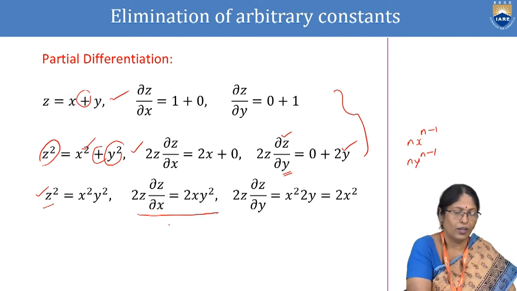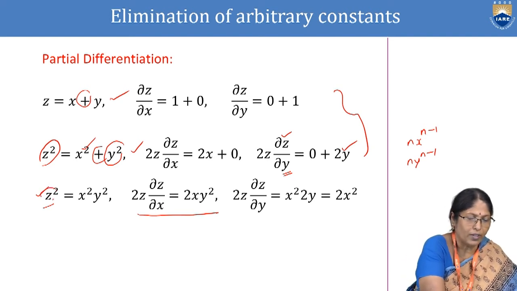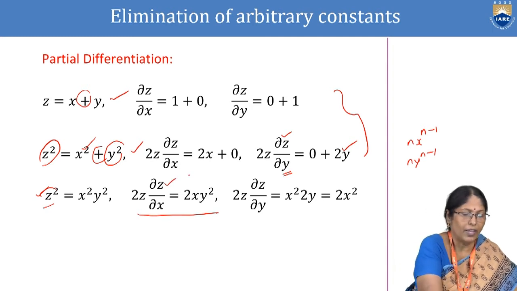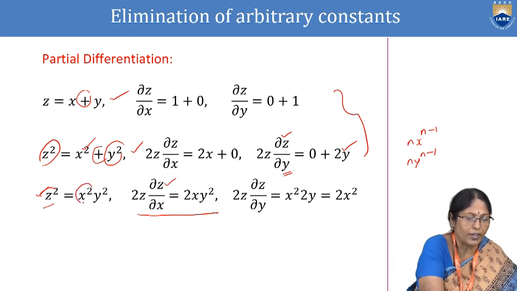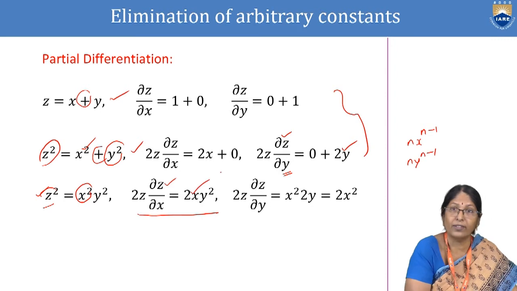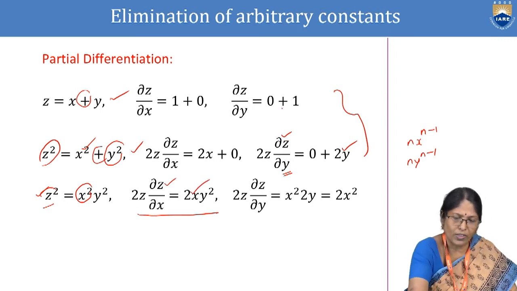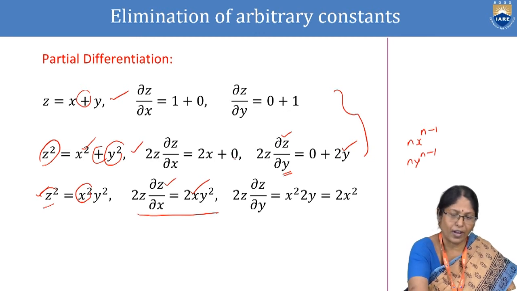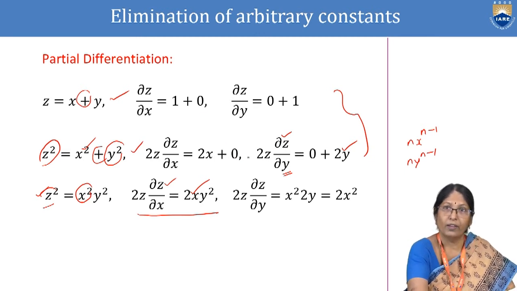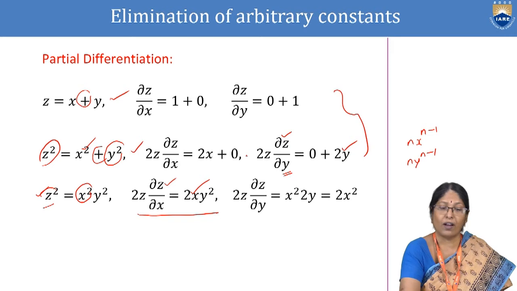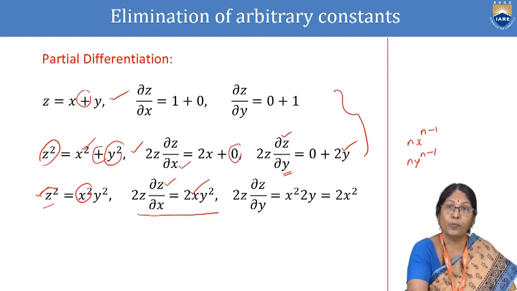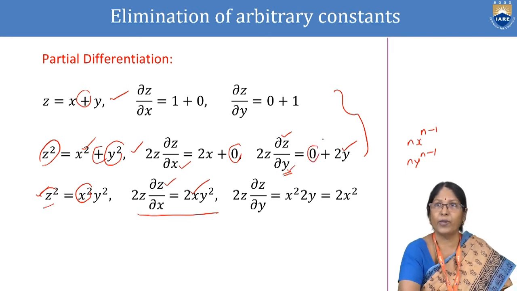So 2z, z again dou z by dou x. Here the differentiation of x square is 2x. In the previous two cases, wherever y comes, we put it 0 when we are concentrating on x. If we concentrate on x, y has become 0; when we concentrate on y, x has become 0.